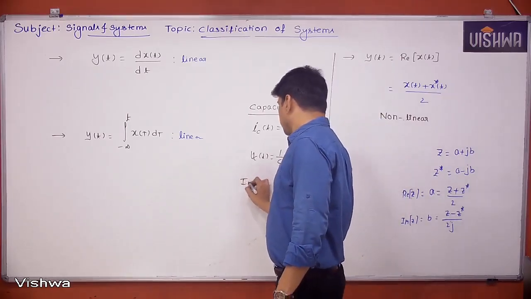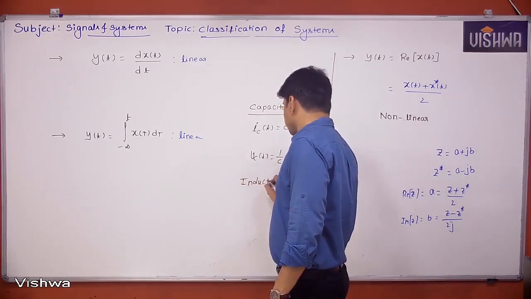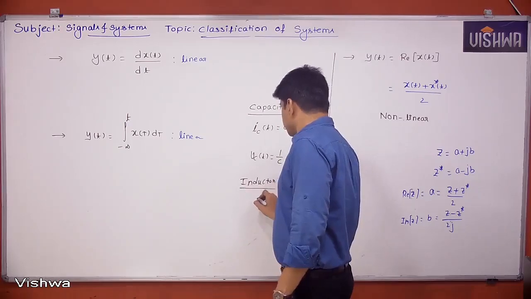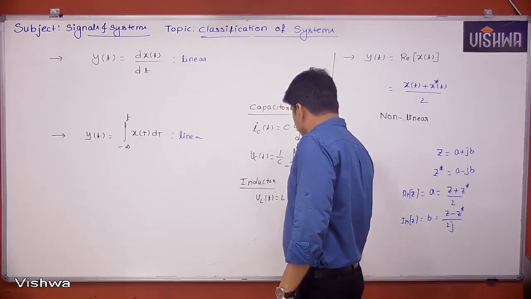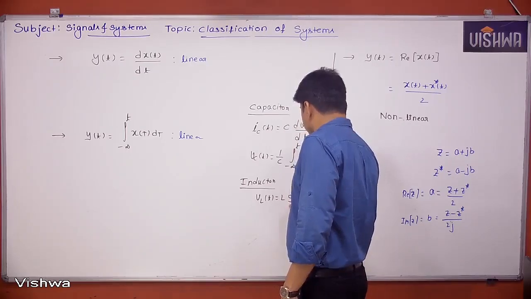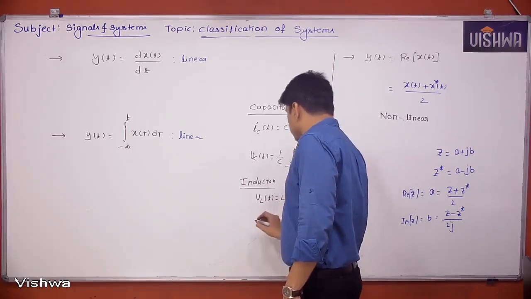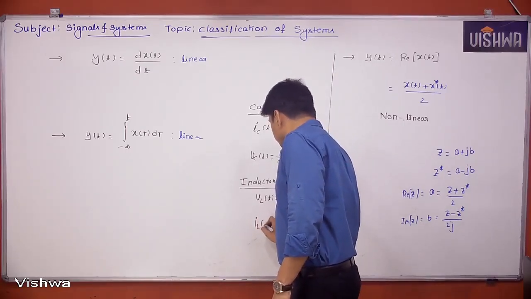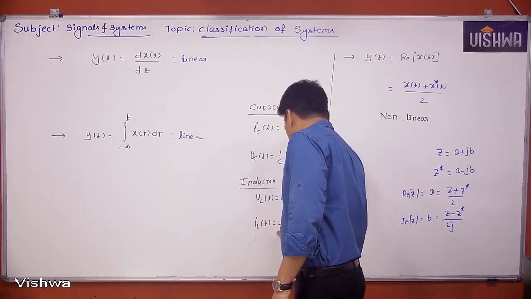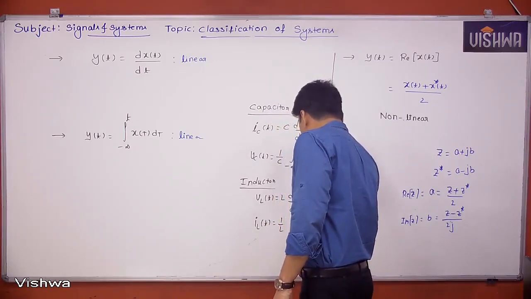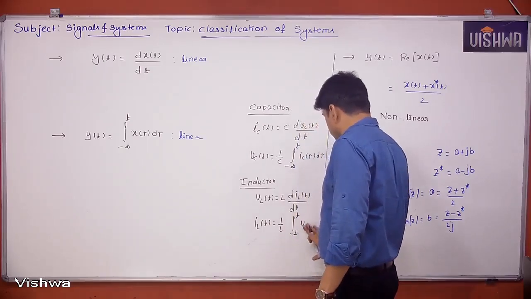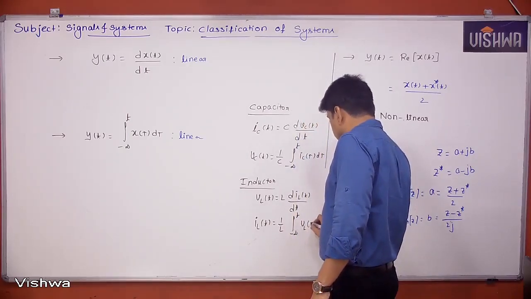Next, if I see inductor, let's say VL of t, which is L dIL of t by dt, and what is IL of t, which is 1 by L integral from minus infinity to t of VL of tau d tau.